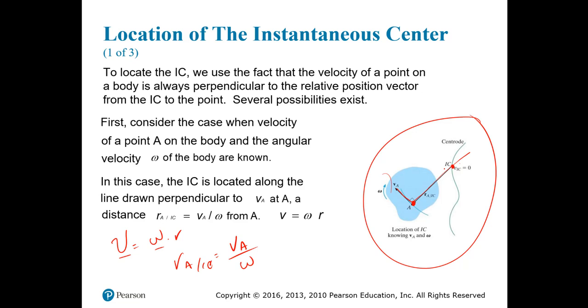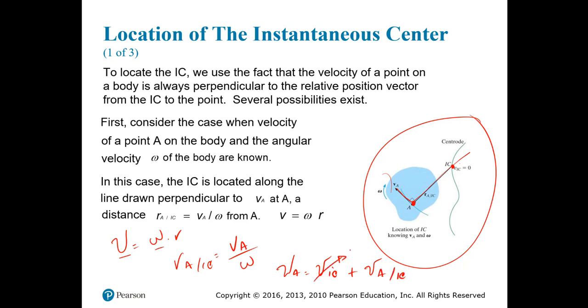And why is that important? Because if you try to write an equation that will relate point A to your instantaneous center, we will know that, for example, VA will be equal to the velocity at the instantaneous center plus the relative velocity of A over IC.